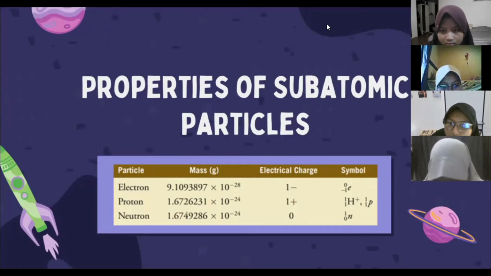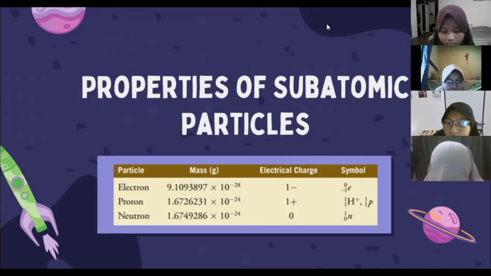And the third one is the neutron. The neutron has a mass of 1.674926 times 10 to the power of minus 24, and it has 0 electrical charge, or neutral, and this is the symbol. Okay. Wow.